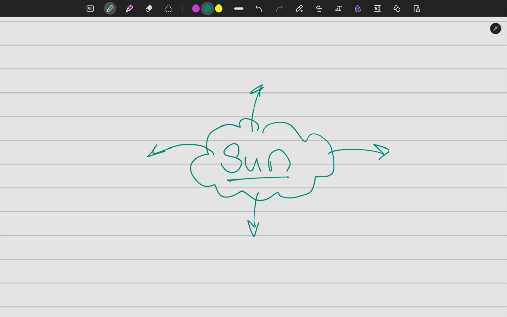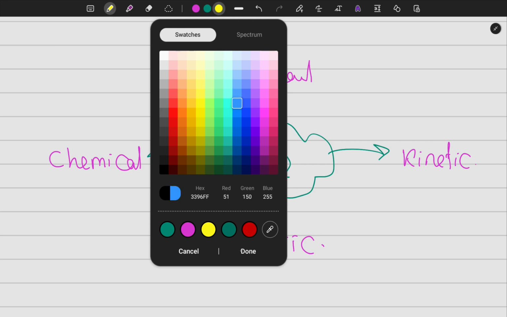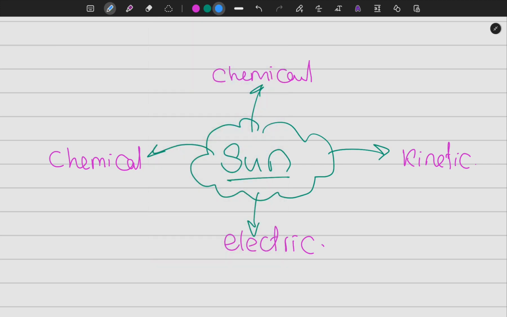Number 1, we can transfer it into chemical energy, and also into another chemical energy, and we can also transfer it to kinetic energy and electric energy. Okay, let's take one by one. Let's change the color. First, chemical energy, as in the photosynthesis process in plants.